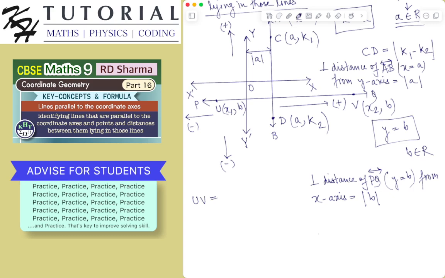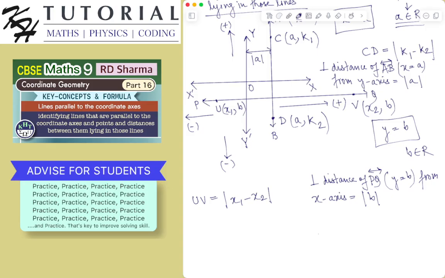The distance between the points U and V will be the absolute value of the difference of their abscissas, that is, the numerical value of x1 minus x2. x1 minus x2 is the difference of the abscissas of points U and V, and their numerical value is the modulus.